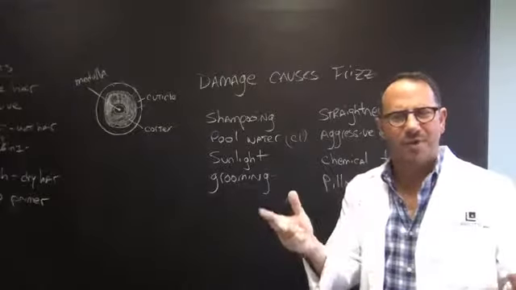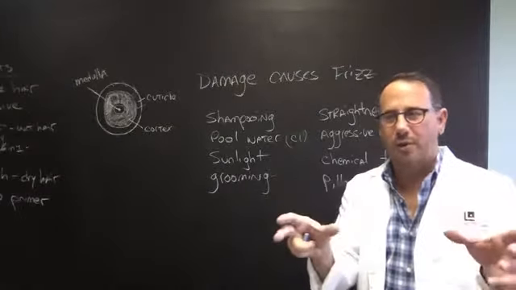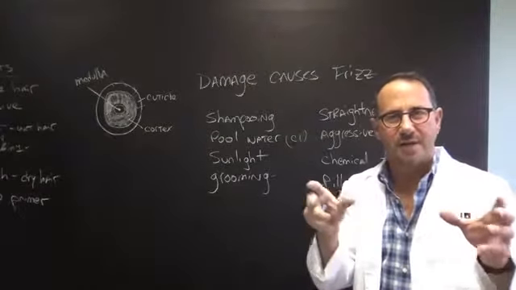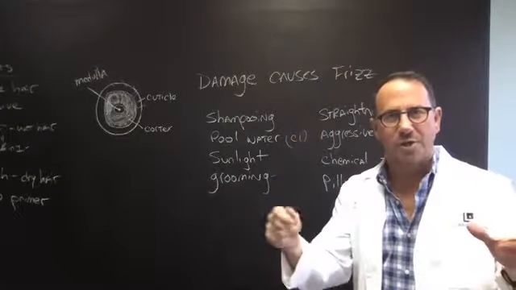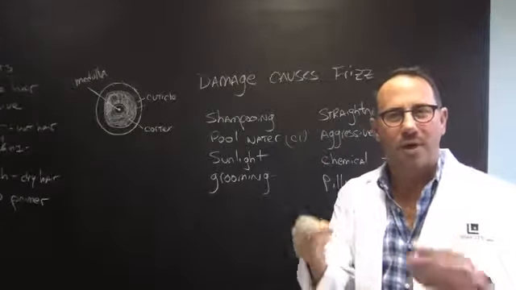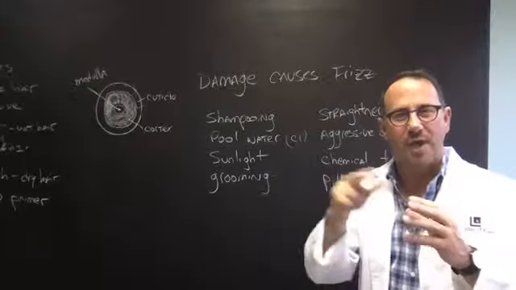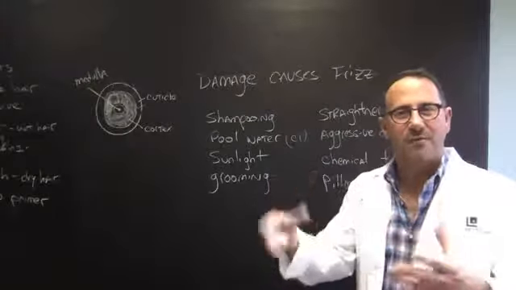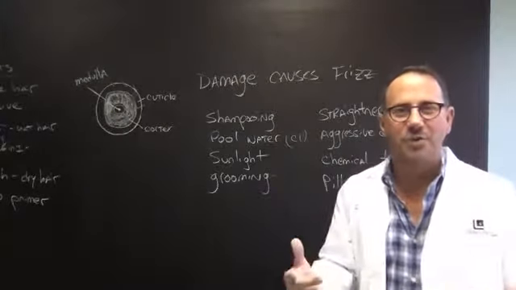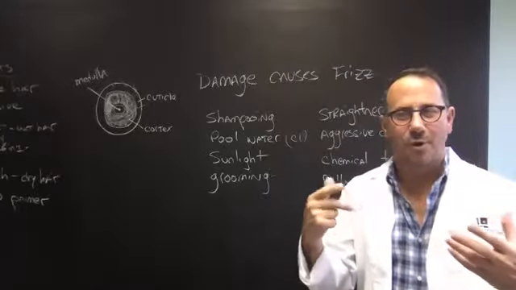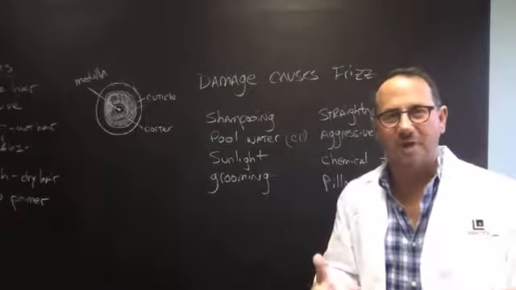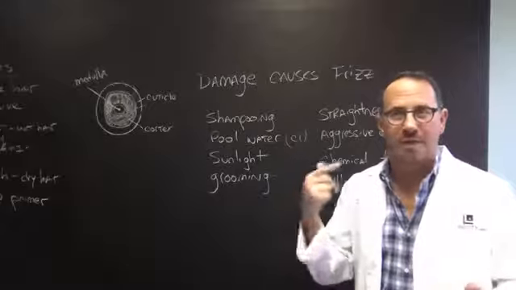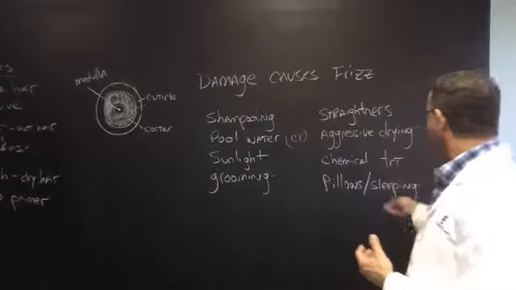And after about 30 of these cycles, we would look at the two beakers side by side, and the one that had been brushed aggressively was cloudy like milk, and that was all the cells of the cuticle layer that had been ripped off of it and were now floating in the water. So it's just kind of a visual example of how aggressive brushing and aggressive towel drying can really rip that cuticle right off.